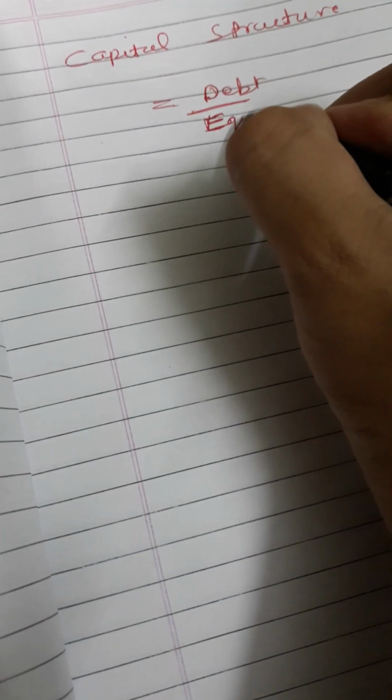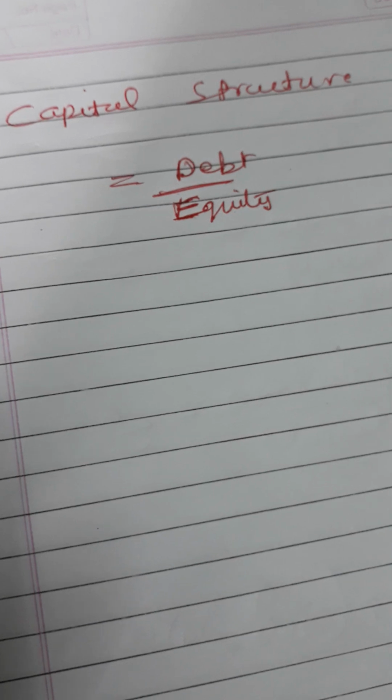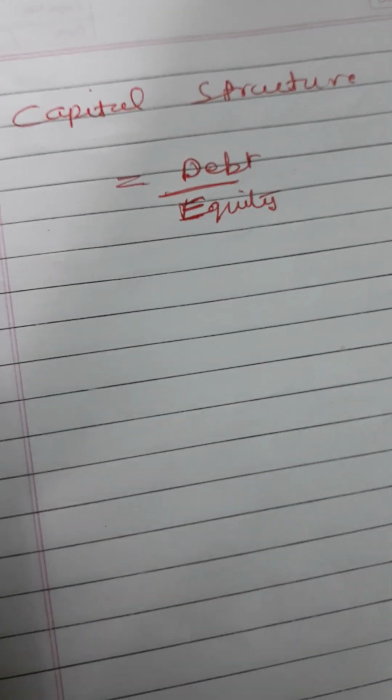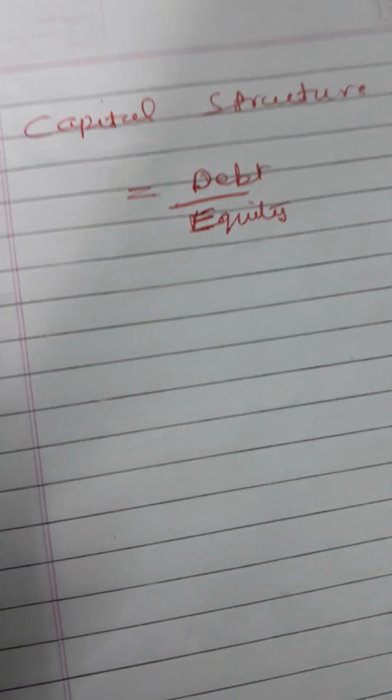Debt by equity. In most cases, this equity will not be sufficient. A person starting a company invests something into the company, and that is the equity. But that might not be sufficient for the firm to run. He may need some external financing, and that financing is known as the debt, and the ratio of this debt to equity is known as the capital structure.